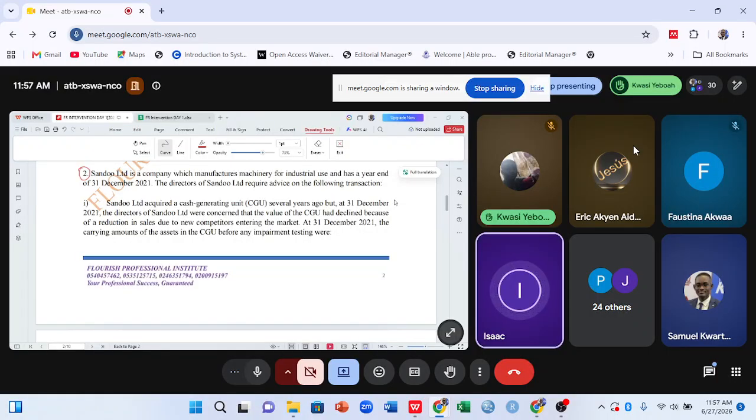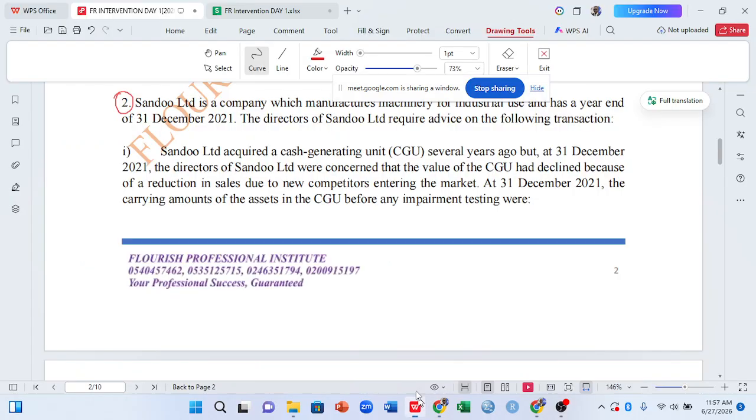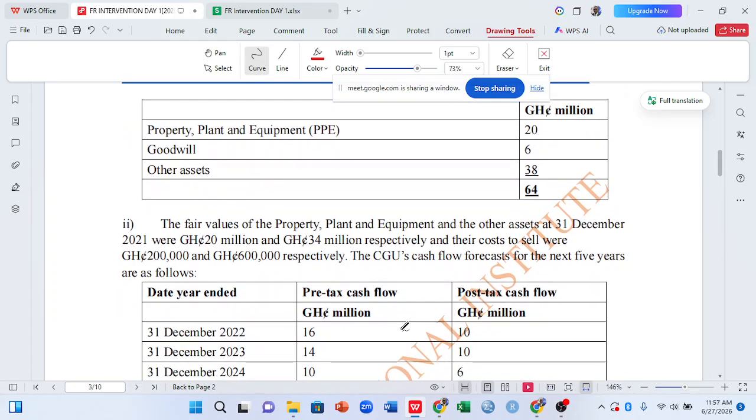At 31st December 2021, the carrying amount of the assets in the cash generating unit before any impairment testing were: property, plant and equipment 20 million, goodwill 6 million, other assets 38 million. II.